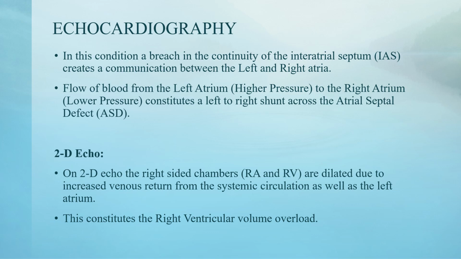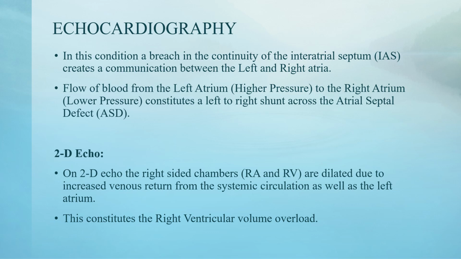After an ECG diagnosis, we take the patient to the second stage of diagnostic testing, which is echocardiography. Echocardiography is the most important and accurate diagnostic test for an atrial septal defect.